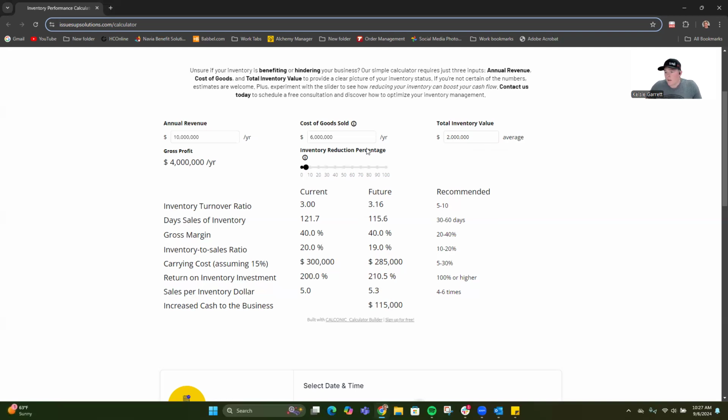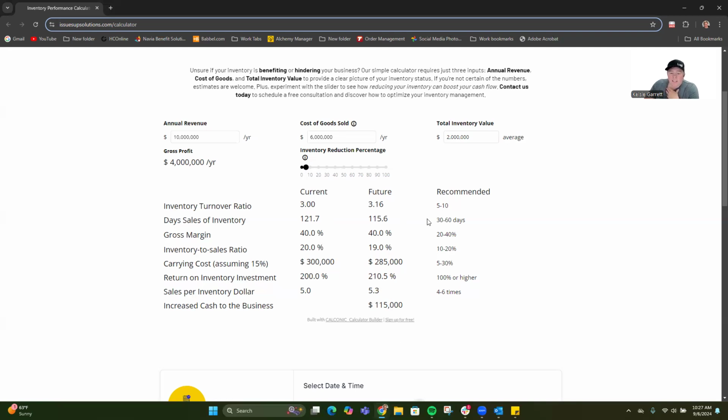So now here's what I do. I help you reduce your inventory down or understand your inventory better. And so I have this inventory reduction percentage calculator. So you can adjust here and be like, okay, I've got $2 million in inventory value.